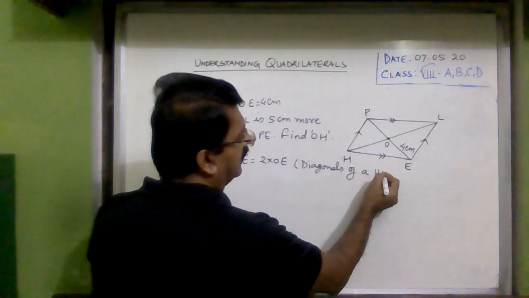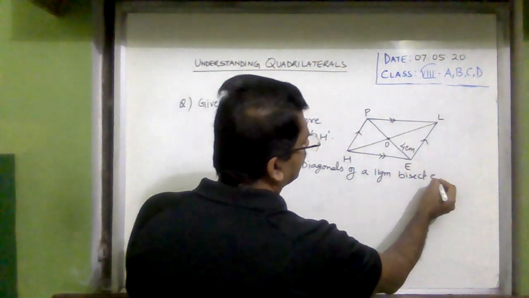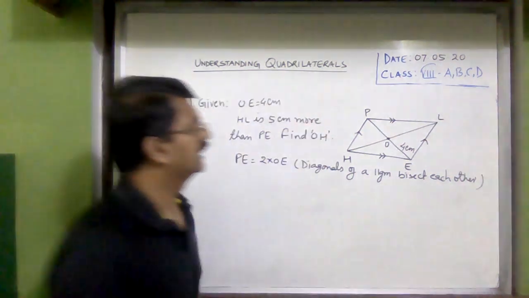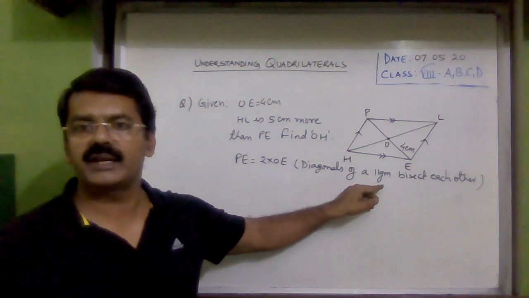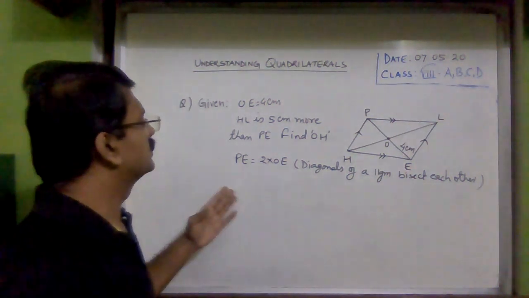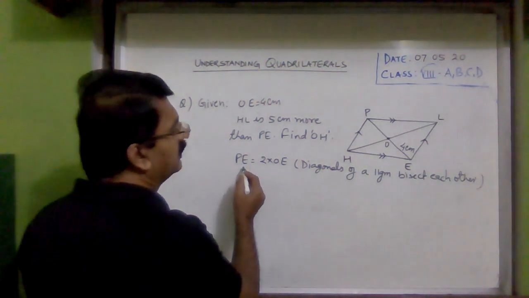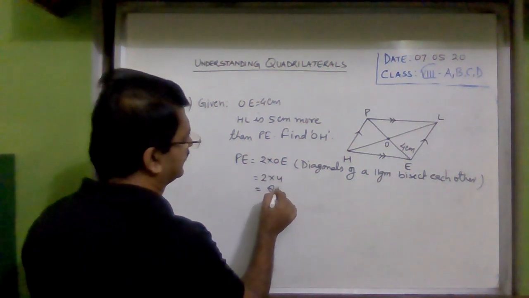This is the short form of writing a parallelogram: draw two parallel lines and then a small 'gm'. So diagonals of a parallelogram bisect each other. Therefore, PE will be equal to 2 times OE, that is 2 into 4 is equal to 8 centimeter.